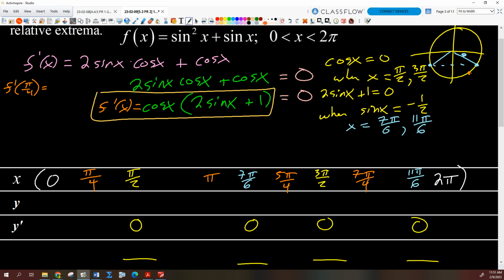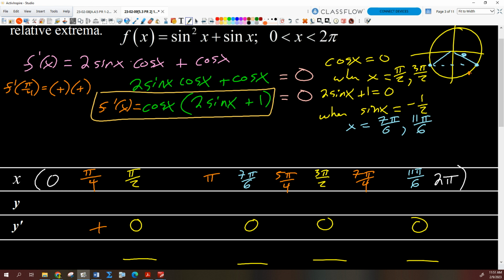Positive, right? Okay, how about the second one here? What's the sine of pi fourths? Positive or negative? Positive. So 2 times a positive plus 1 is positive. Positive factor times positive factor is positive. There you go. So we know. See how I'm doing that?